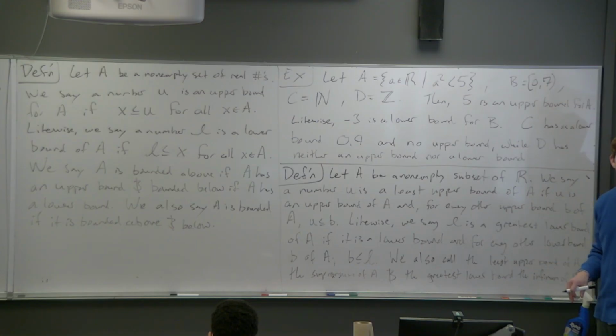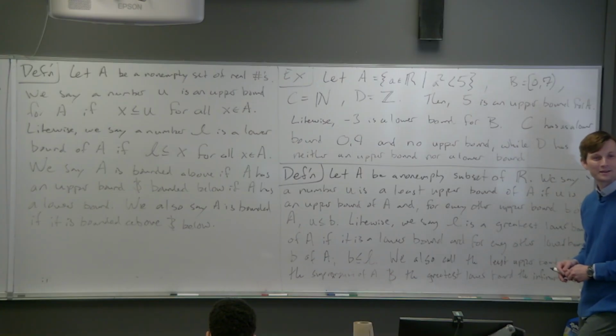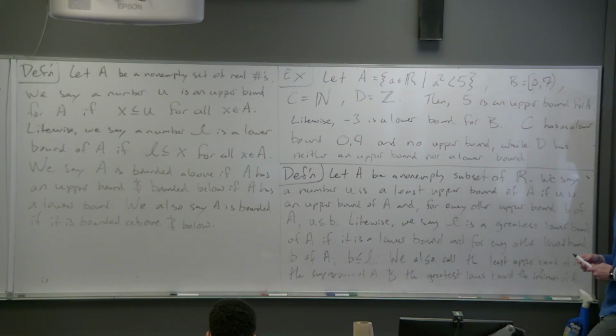Least upper bound, greatest lower bound, perfectly fine words to use for it. Sometimes a little bit longer to write, so people like to say infimum or supremum. Sounds cooler, I guess, right? Also, you can write inf and sup to abbreviate them, which is maybe a little bit nicer than GLB and LUB. Yeah, least upper bound, right? LUB and GLB looks weirder than inf and sup, I guess, to some people.